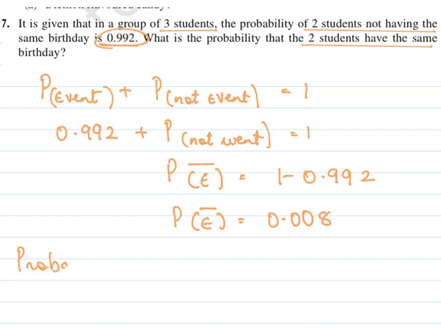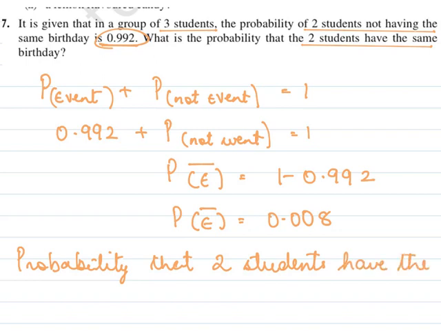So the probability that 2 students have the same birthday is equal to 0.008.